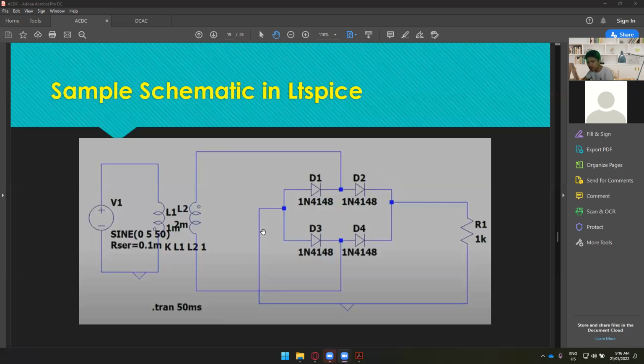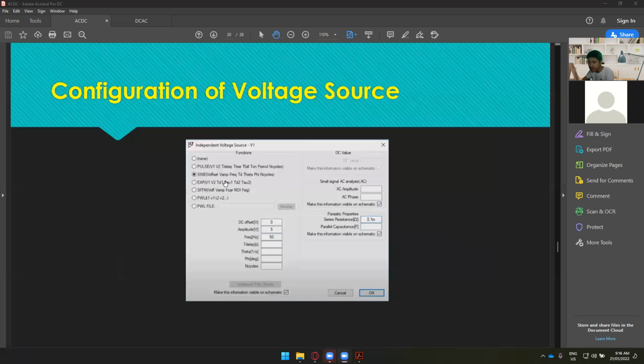So in order for you to configure this one, I'll go over it first. The first one is DC offset. Since we're dealing with AC, it should be 0, of course. Amplitude is the AC value, which is 5 volts only, and the frequency is 50. Then we have a series resistance of 0.1 m.